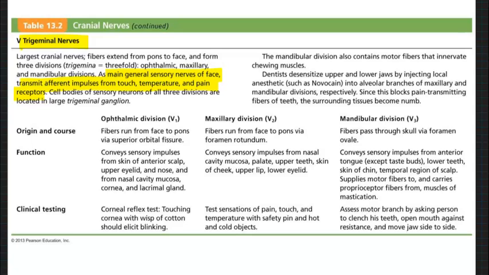Now, this nerve is both motor and sensory. So we figured out the sensory part, right? It's sensations. What about the motor function? Chewing. Yes, it's chewing. Now, I want you to acknowledge a couple of things.